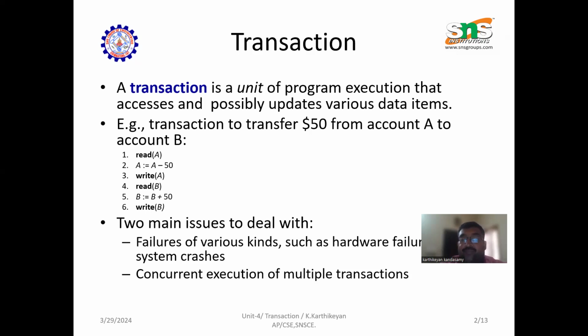Then read B. I have 1000 rupees in B, and B equals B plus 50, so 1000 plus 50, 1050. Then the data is stored in my database server based on my table.